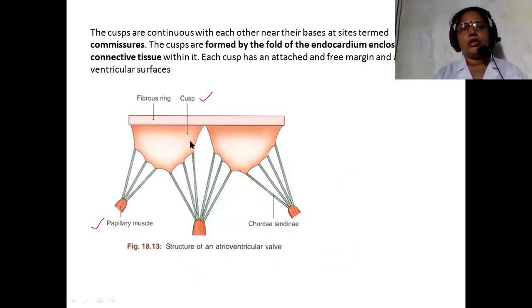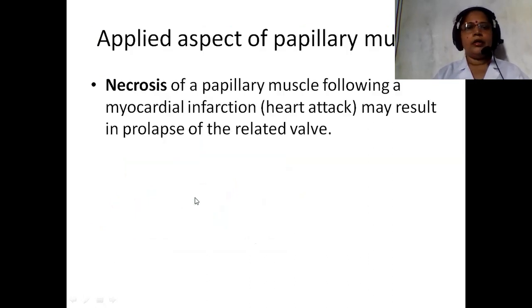Each cusp has a free margin present on the atrial and ventricular surface, and this cusp is attached to the chordae tendineae. This chordae tendineae is again attached to the papillary muscles. The cusp is attached to the papillary muscles with the help of a hair-like structure called the chordae tendineae.